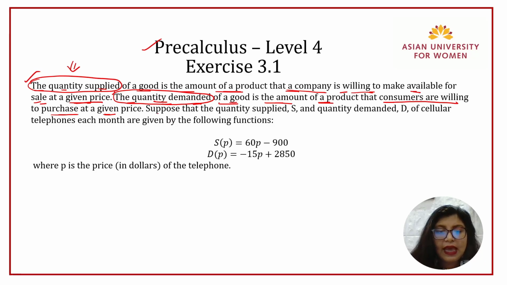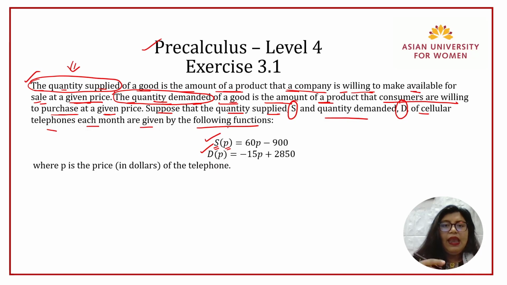Now suppose that the quantity supplied is indicated by S and the quantity demanded is indicated by D of cellular telephones each month, given by the following functions. So they have given you a supply function and a demand function. Supply depends on price.